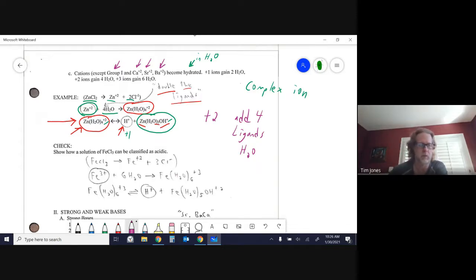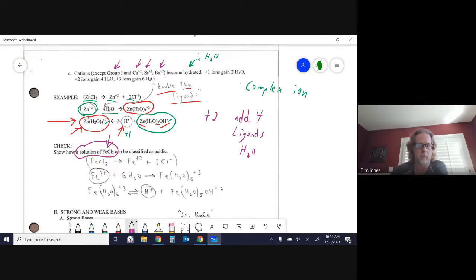All right. Here's another example. It says, show how a solution of iron 3 chloride can be acidic. Well, at first, if you just look at iron 3 chloride, that doesn't look acidic at all. It looks like a typical ionic compound, but it can be once you start looking more detail.